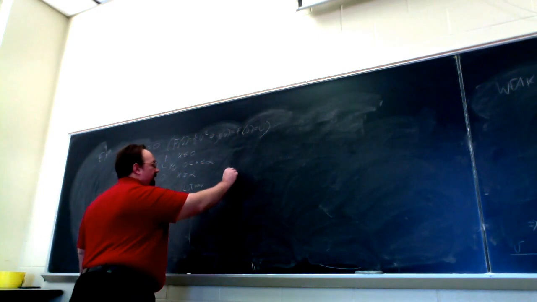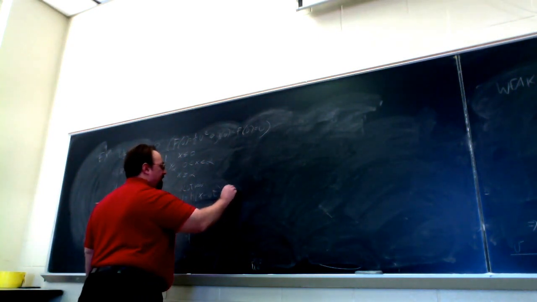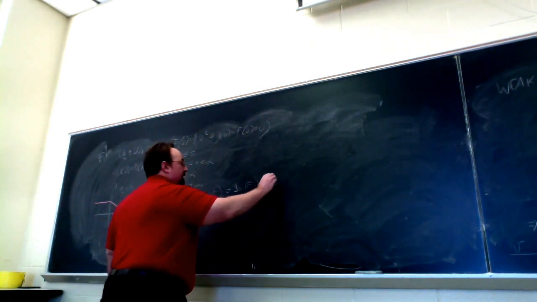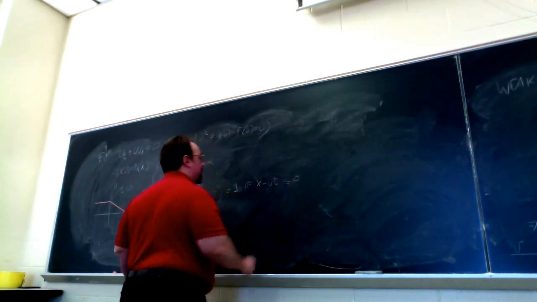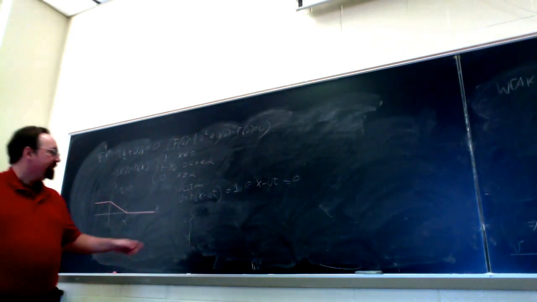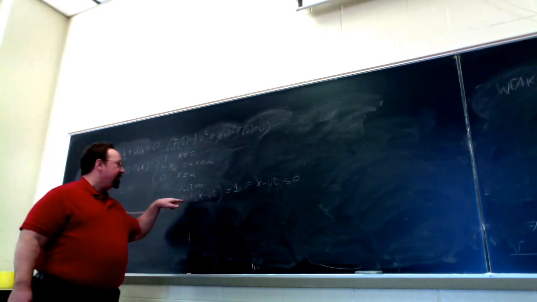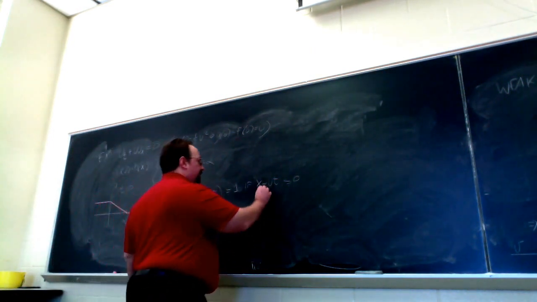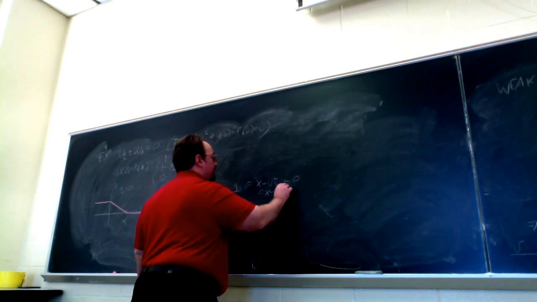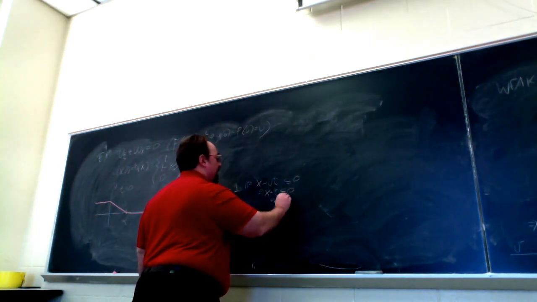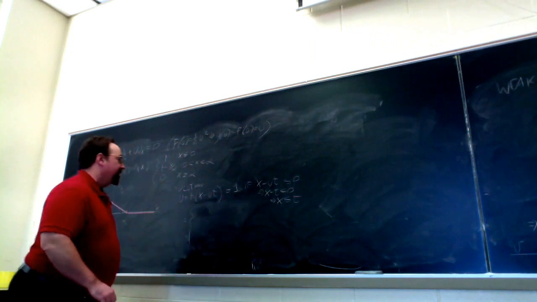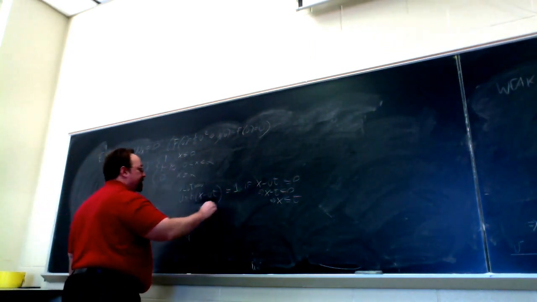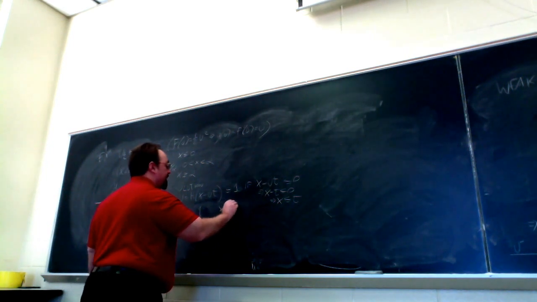So x minus ut is less than or equal to 0. But the thing is, this is also u. u is equal to 1, so I can plug that in here. So x minus t is less than or equal to 0, so it means that x is less than or equal to t. So it's equal to 1. So this situation, when t equals 0, becomes this situation. x is less than or equal to t.